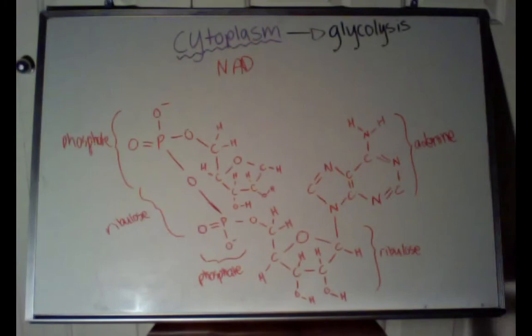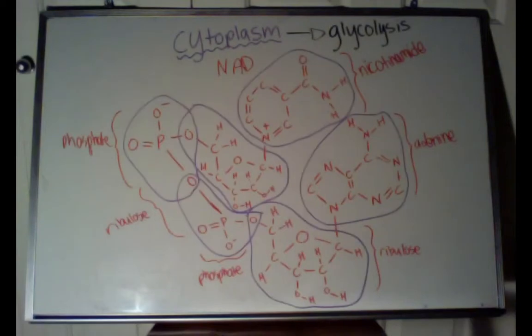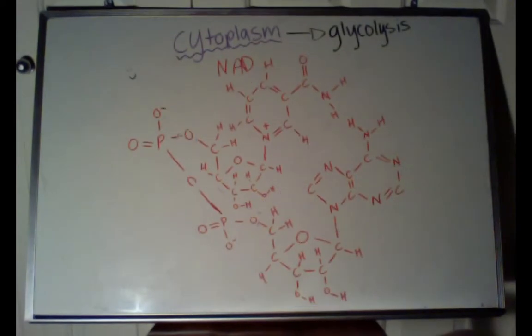This is another ribose, and we have a nicotinamide attached to the other ribose group. And if we look, there's a quick bubbling of the different compounds that are chemically bonded. You can see a little ADP there.